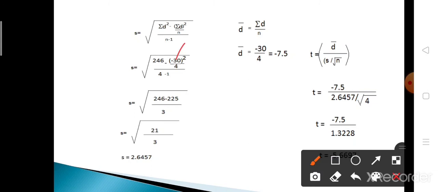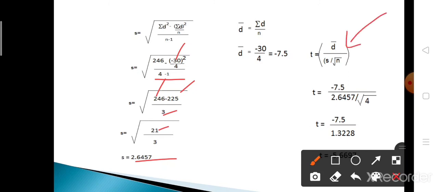Its square divided by 4, whole divided by n, which is 4 minus 1. 246 as it is, minus 30 square divided by 4, that is 225, divided by 4 minus 1, that is 3. 246 minus 225 is 21. 21 divided by 3, and its square root value is 2.6457.